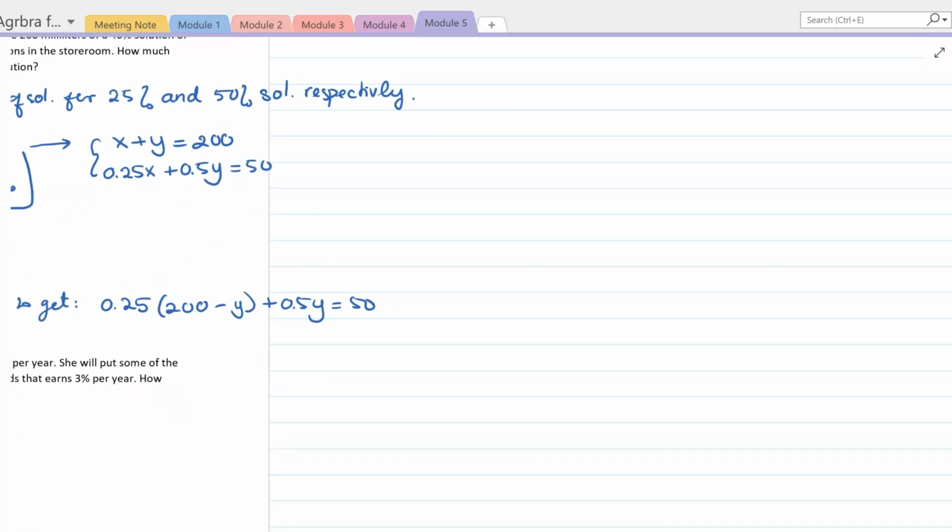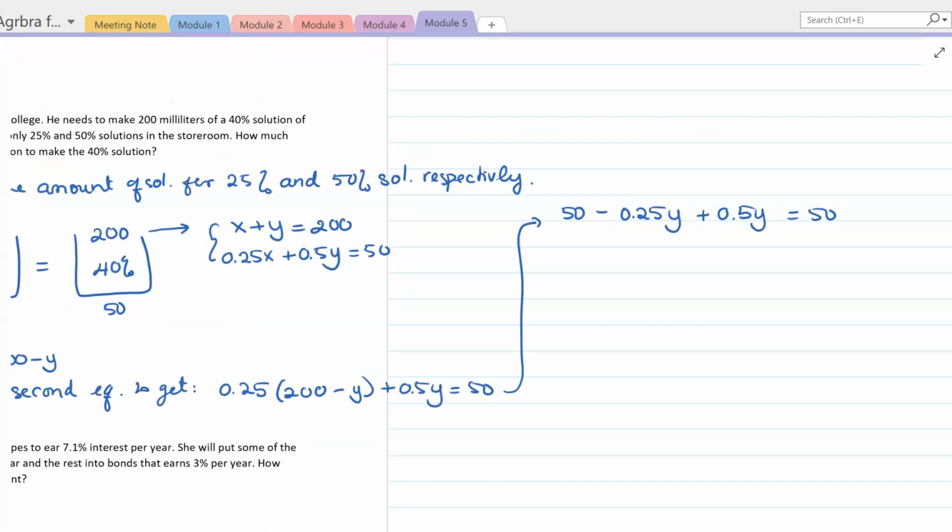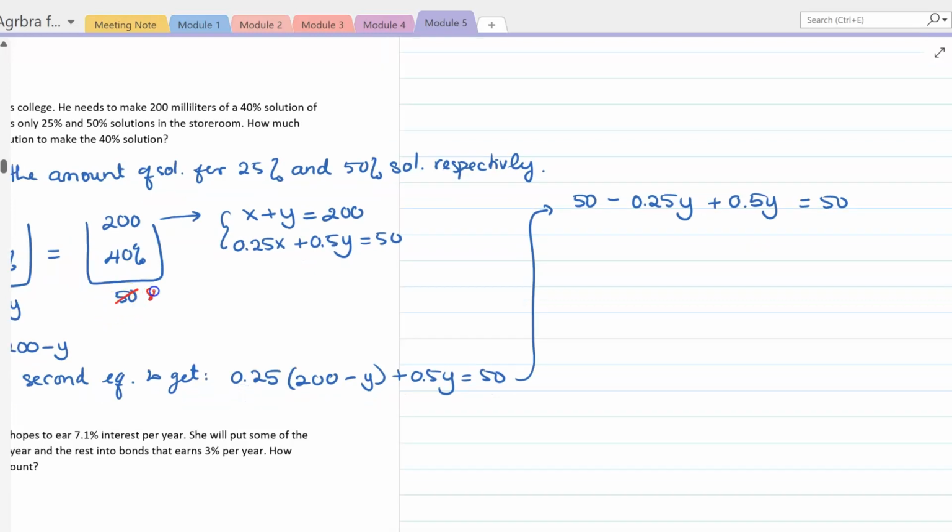I'll go ahead and solve this equation. There's a typo over here. 40% of 200 is 80. So here's 80. And here's 80. Sorry about that.